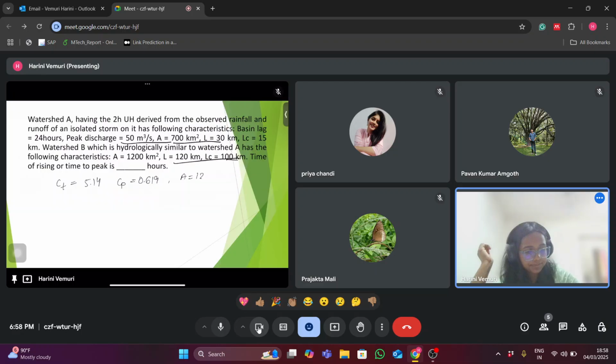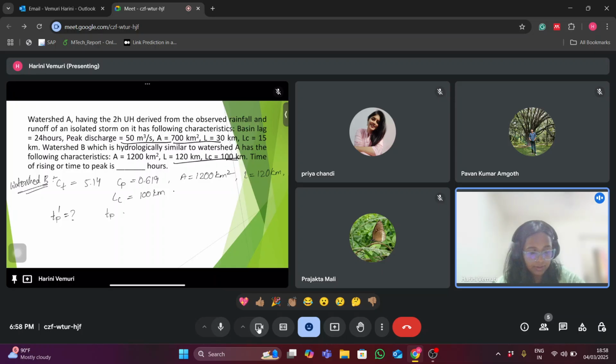So this is for watershed B. Area is this, length is 120 kilometer, Lca is 100 kilometer. So time to peak or time of rising, Tp dash, is how much we have to find.